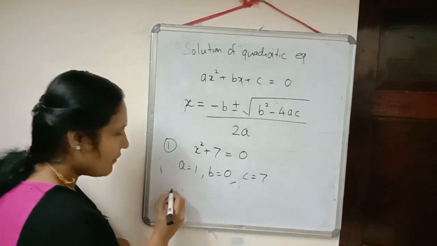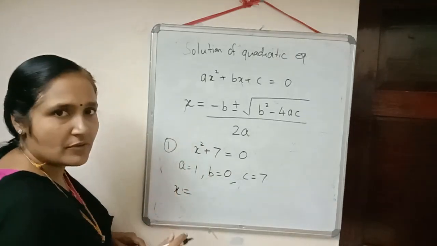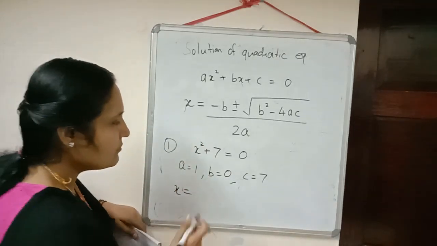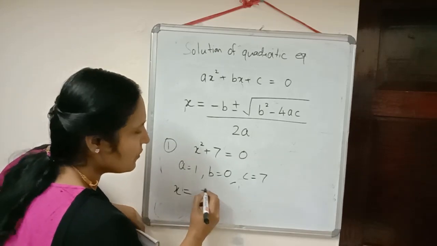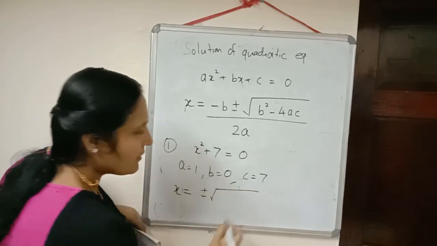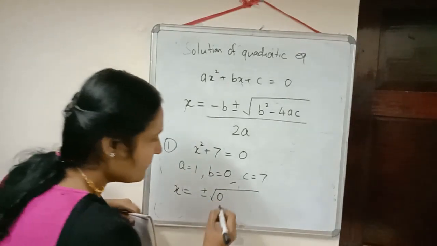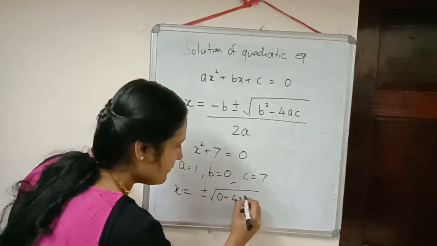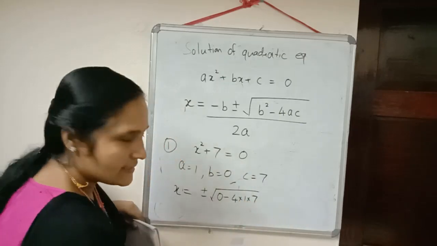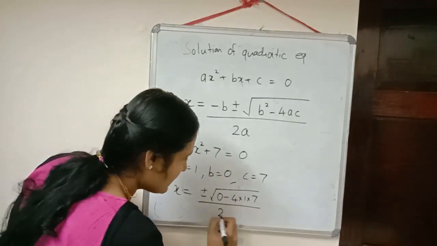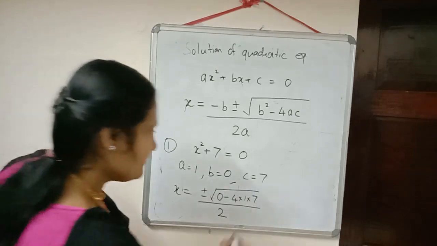Now since we know the formula, directly I am going to substitute the values. x is equal to minus b, so that is 0, plus or minus square root of b square, so 0 square will be 0 only, minus 4ac, 4 into 1 into 7, by 2a.